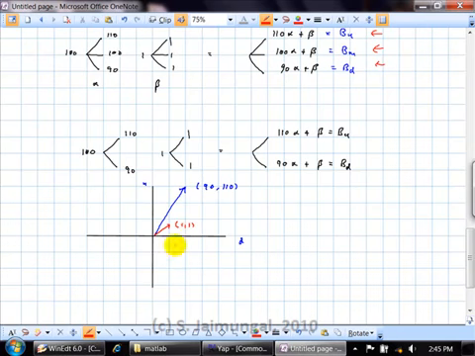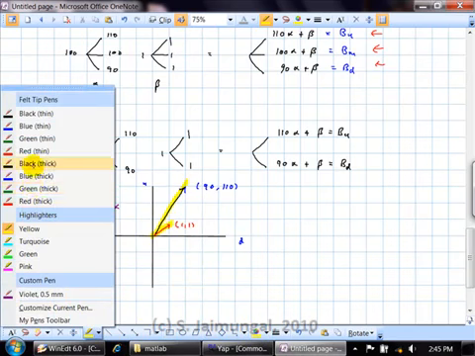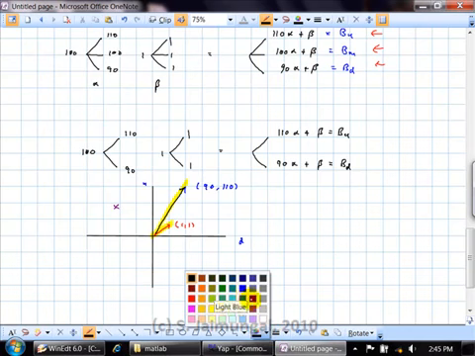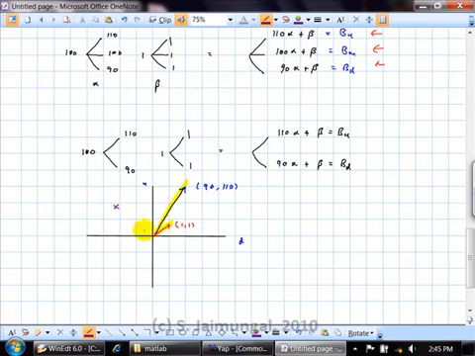You can get to any point in this plane, no matter where I am. I can get to that point by taking some linear combination of this vector and some linear combination of this vector, and I will be able to produce something that points to any particular place, and let's call that (BU, BD). That's my asset that I want to find.